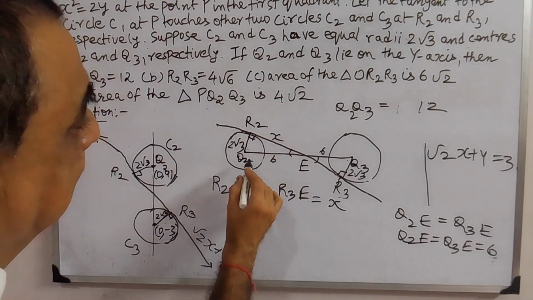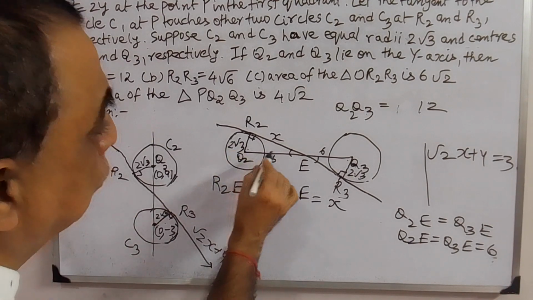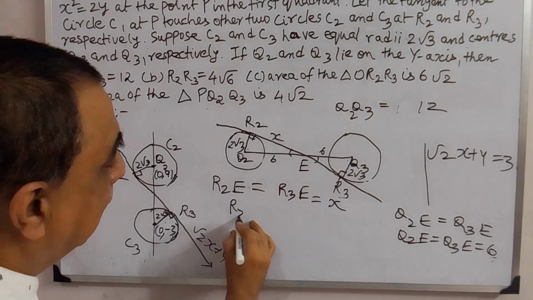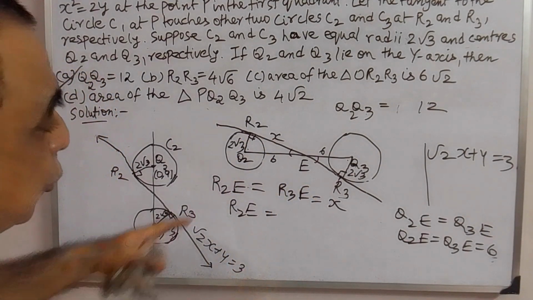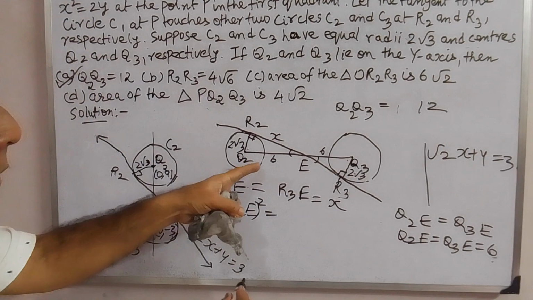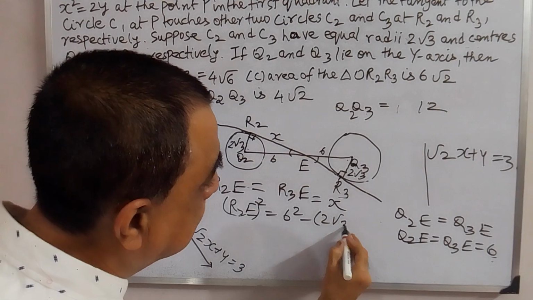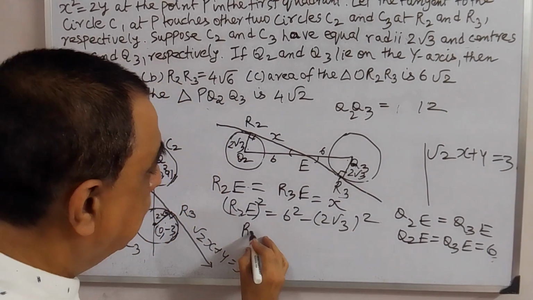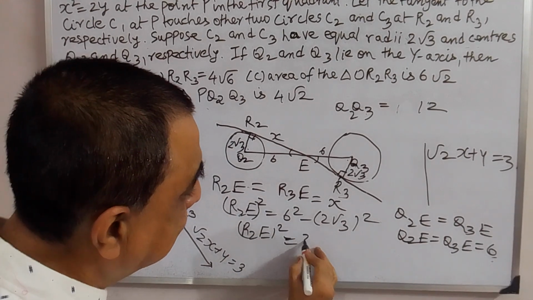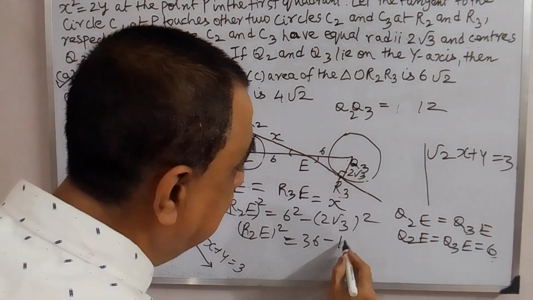In a right angle triangle, if two sides are known, the third side we can find out. R2E whole square will be equal to 6 square minus 2 root 3 whole square. 6 square is 36 minus 4 into root 3 square, which is 3, so 4 times 3 is 12.